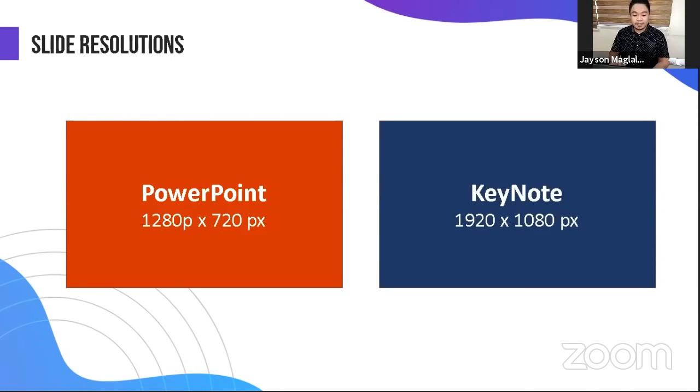The basic dimension for PowerPoint is 1280 by 720 pixels. This is the major dimension, and then the resolution is 96, but we're going to talk about it later on.